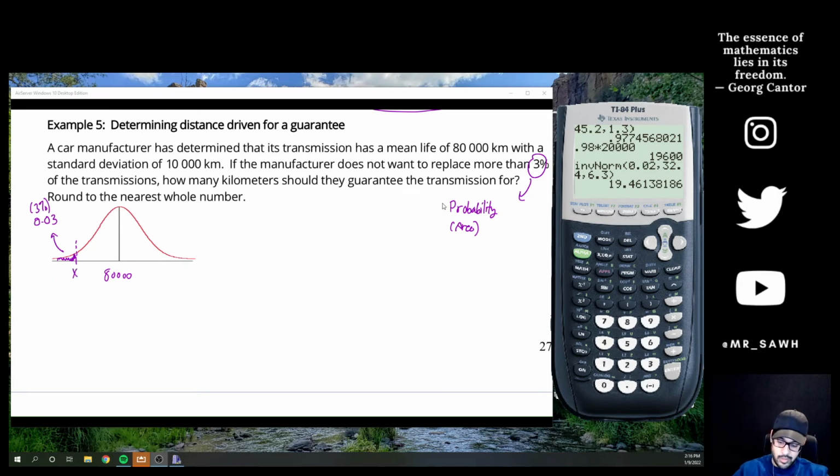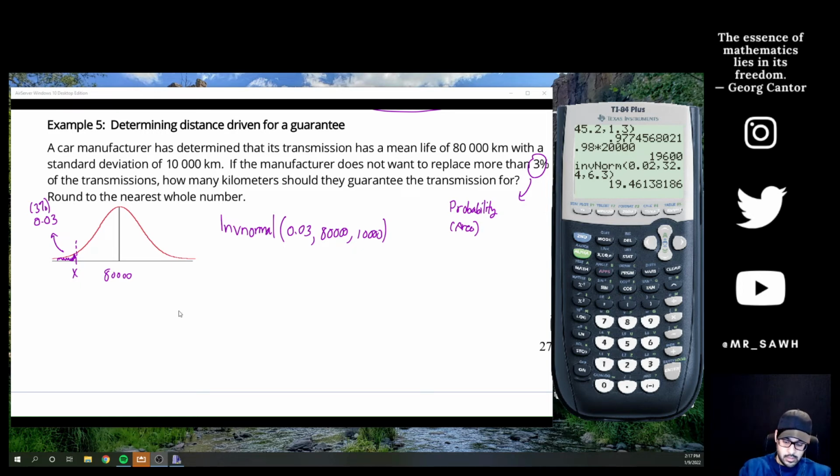Okay, and I'm looking for the X value here, the specific number of kilometers that I should guarantee for them to replace less than, they don't want to replace more than 3%, so they want to replace less than 3%. Round to the nearest whole number. So same idea, inverse normal. For the area left, this time is 3%. Average of 80,000. 10,000 for my standard deviation.